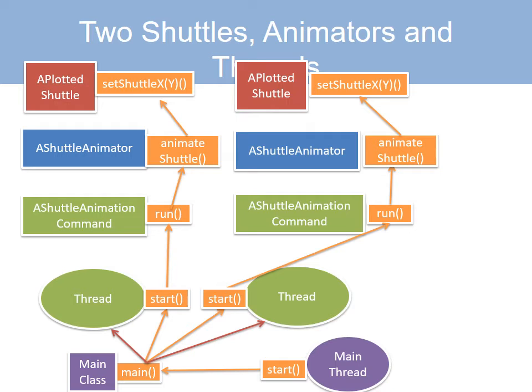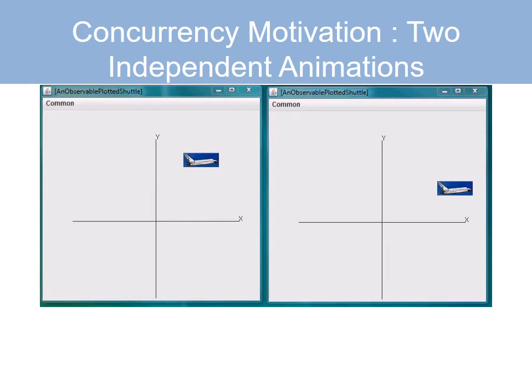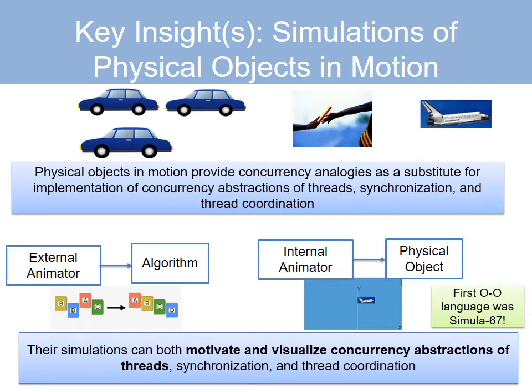Again, complicated is good because we're teaching object-oriented programming. We're emphasizing the fact that there is a bunch of objects that are doing different things and talking to each other. And you don't have to rely on performance results to show that there's concurrency. You see the two shuttles going literally concurrently.